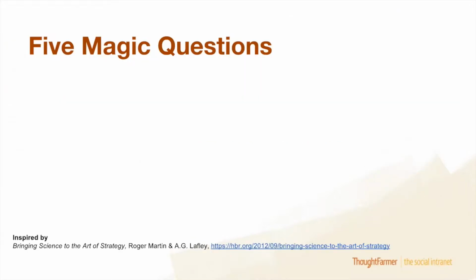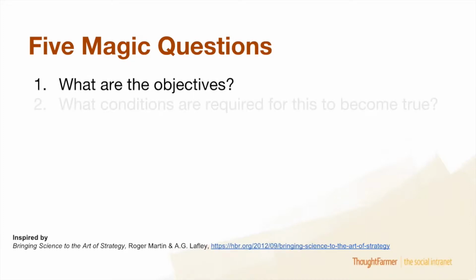These questions are inspired loosely, as you can see at the bottom, by an article written by Roger Martin and A.G. Lafley in Harvard Business Review, titled 7 Steps to Strategy Making: Bringing Science to the Art of Strategy.